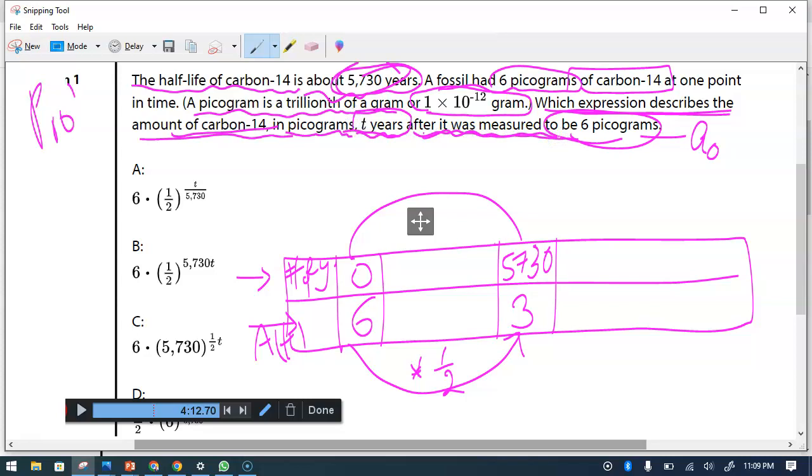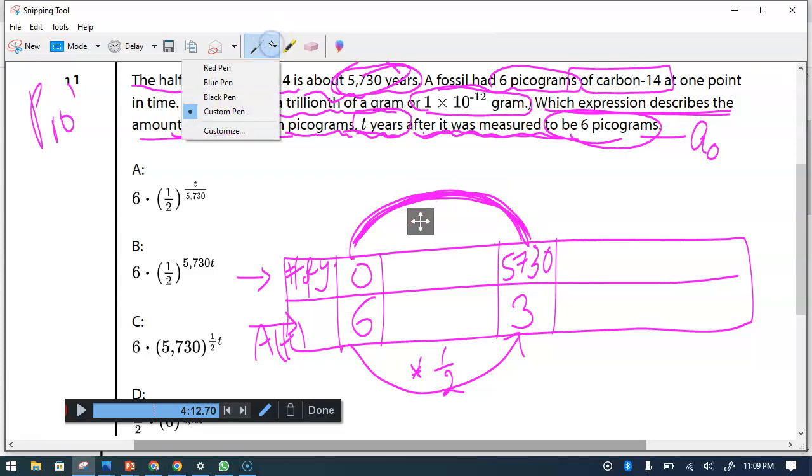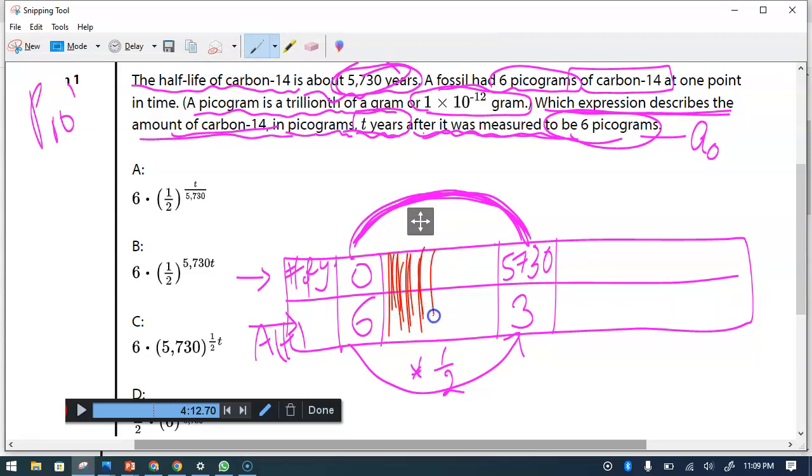So we want to know, now this is for every 5,730 years. So we'll have to split now. We want to know for every year how much. So we'll have to split this into so many 5,000 years. It has to look like this. We'll have to use a magnifying glass to say, that means for 1 year, like 1 year.